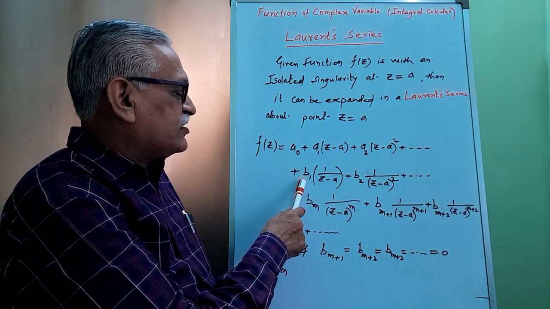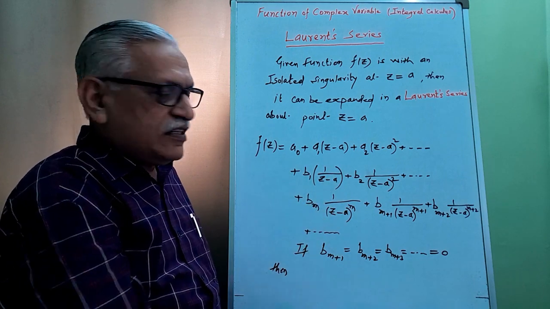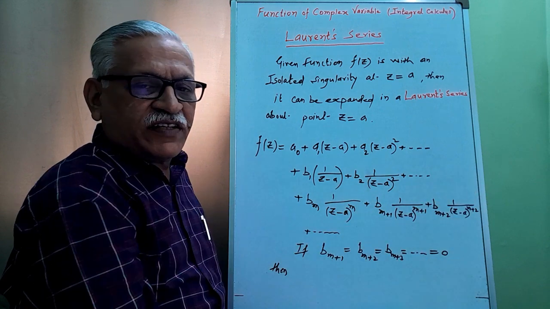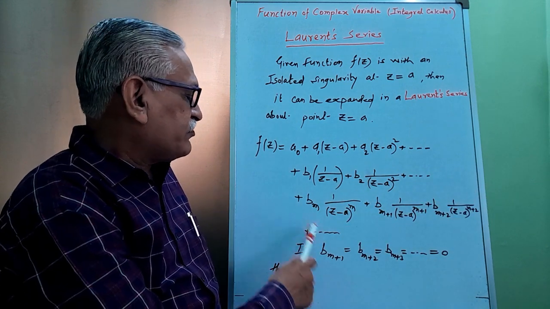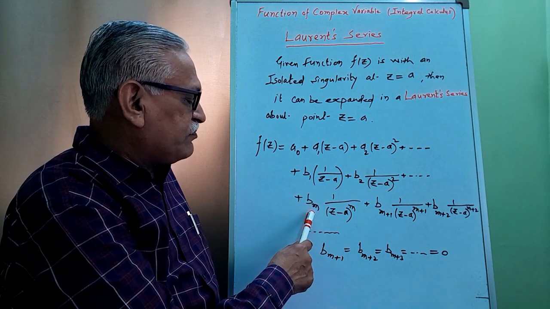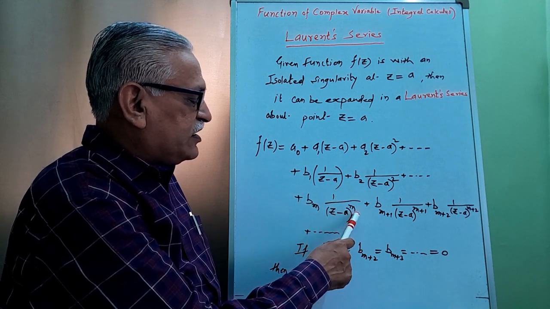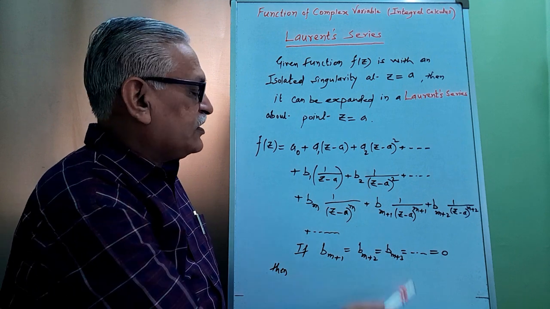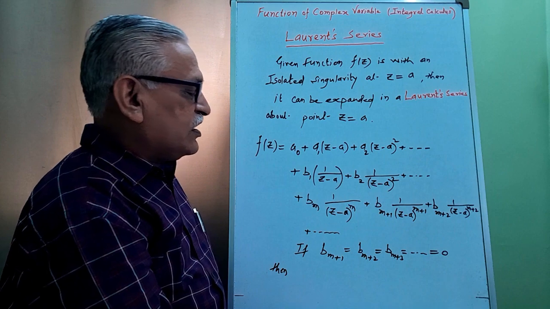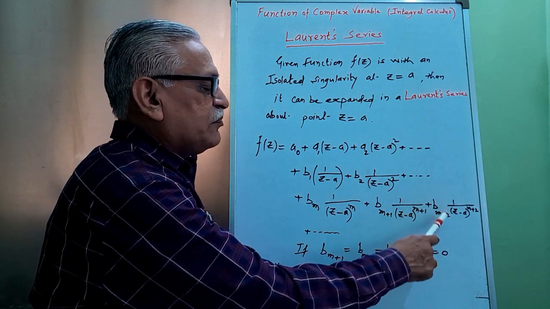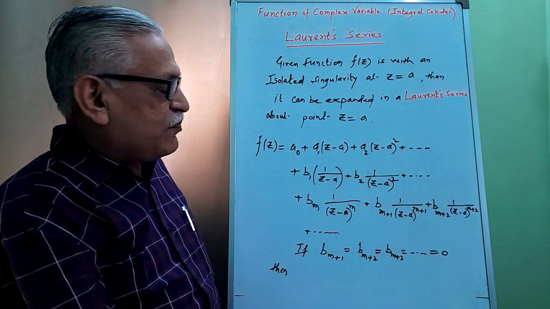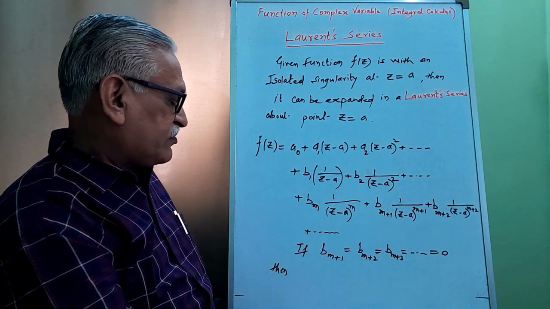Next, plus b1 1 upon (z minus a) plus b2 1 upon (z minus a) whole square plus so on. We can extend up to infinity. And next, bm into 1 upon (z minus a) whole raised to m. Next, b(m plus 1) 1 upon (z minus a) raised to m plus 1, plus b(m plus 2) 1 upon (z minus a) raised to m plus 2, and so on.